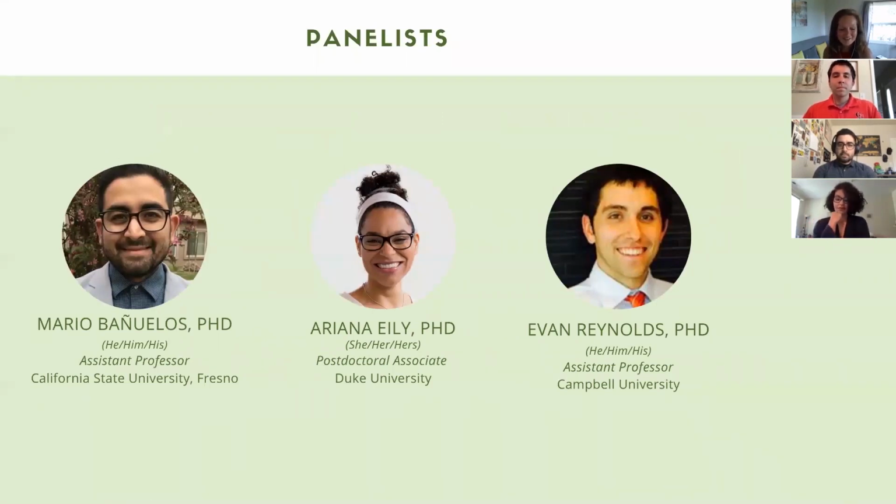Mariano Banuelos is an assistant professor of mathematics at California State University, Fresno. He's a first-generation Chicano from the small agriculture town of Delano, California. His research interests include mathematical biology, optimization, statistical models for genome evolution, and data science.